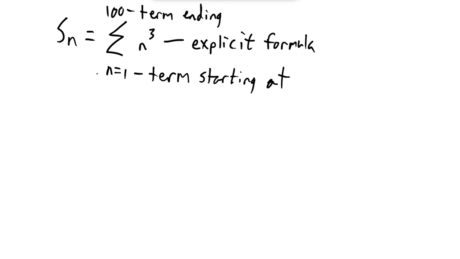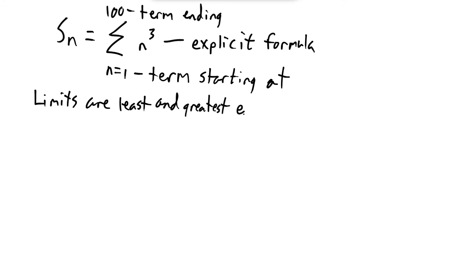And so these are what we call limits. The limits are our greatest and least n values. So, looking at this, 1 would be our lower limit, 100 would be our upper limit.